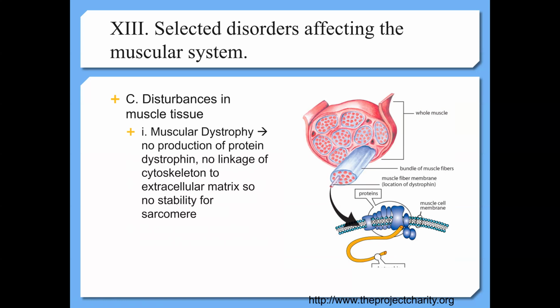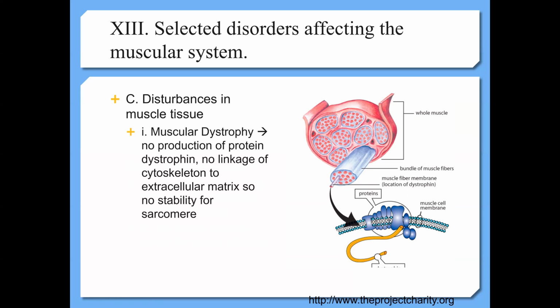Because the myosin is going to need a firm footing, like in a tug of war, in order for you to pull the other team over, you've got to have a firm footing. The reason you have a firm footing is you've got your feet planted against the earth.